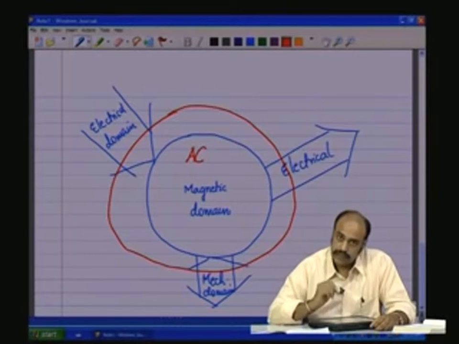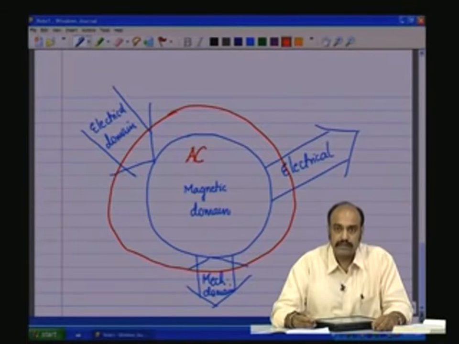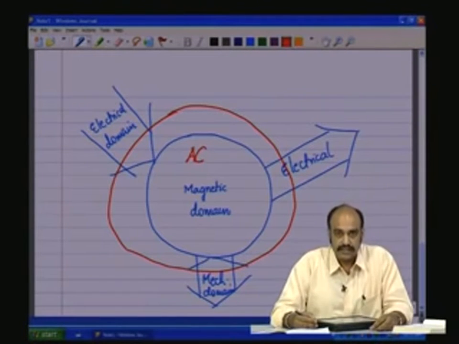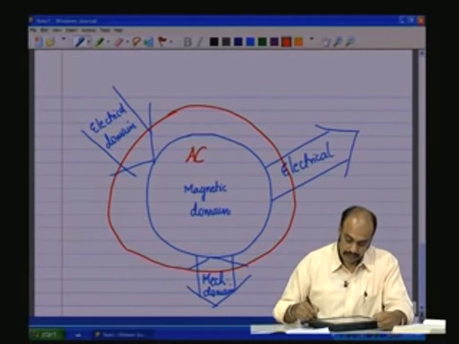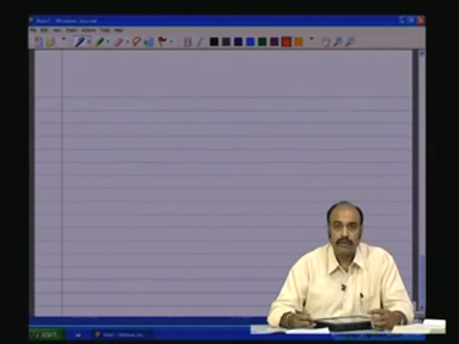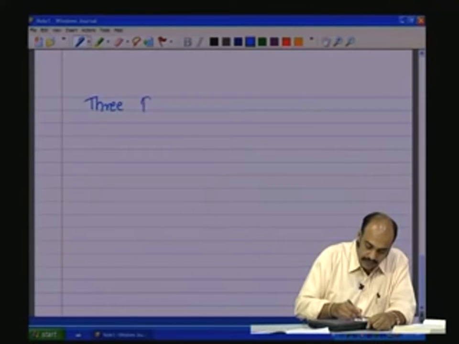So, before we go further into the understanding of these equipments like the induction motors, 3-phase transformers, synchronous motors, synchronous generators, we should have a good understanding of 3 phase systems and what is this 3 phase system. So, the major part of this session is going to now deal with 3 phase systems.